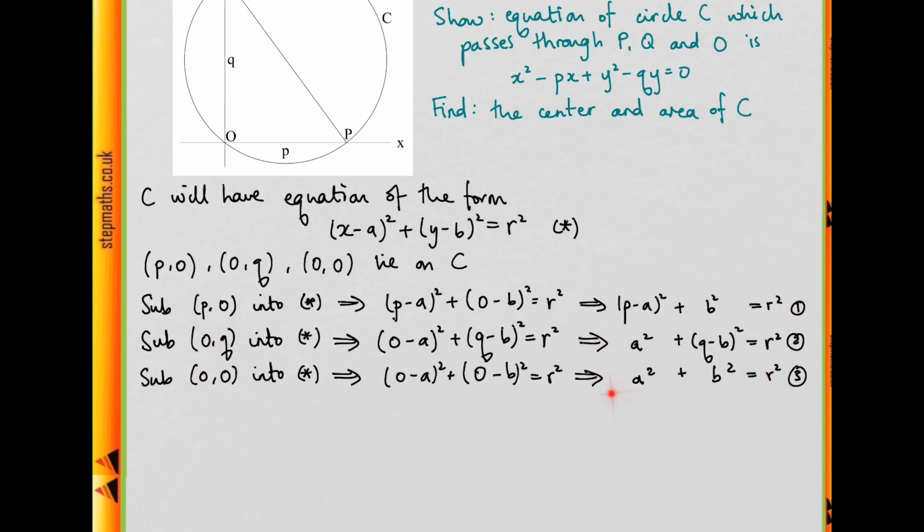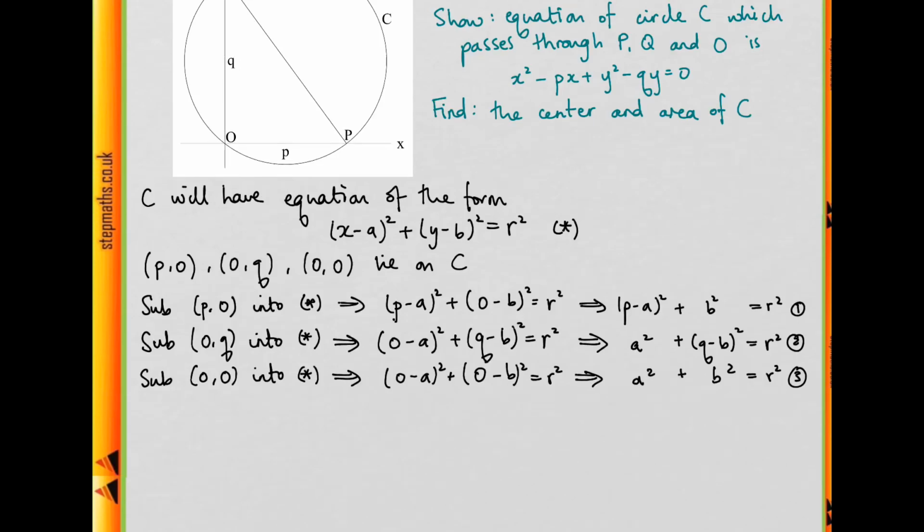So we've got three equations for a, b and r, and we can treat these like simultaneous equations and solve for a, b and r.